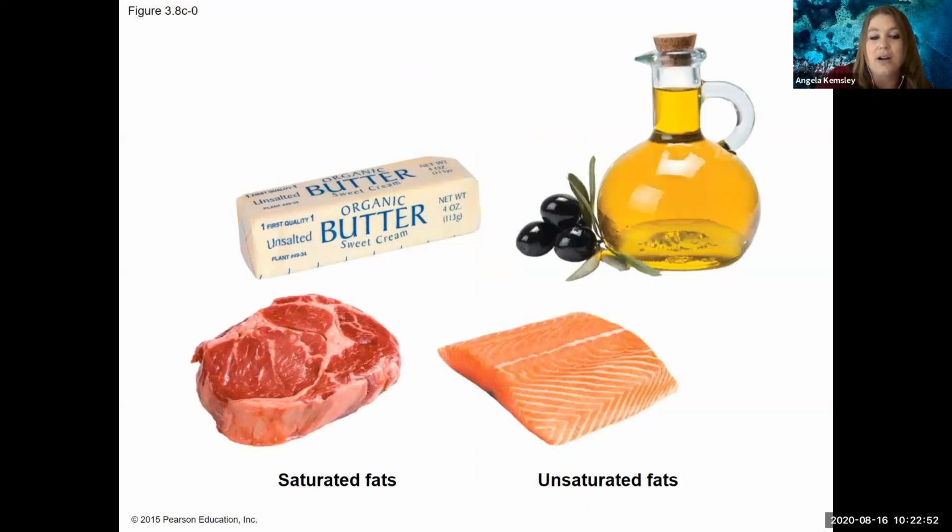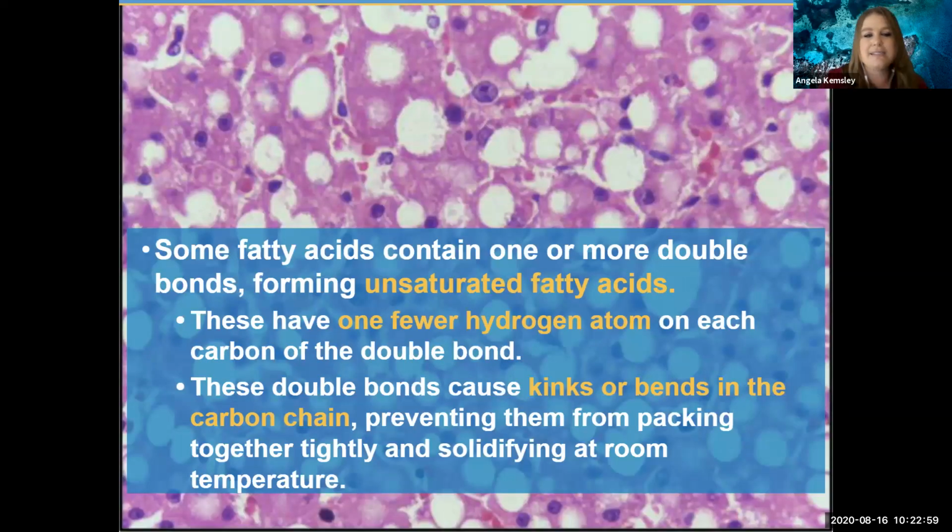This makes up our saturated fats and our unsaturated fats. Some fatty acids contain 1 or more double bonds, which is going to be the difference between saturated fats and unsaturated fats. If a fatty acid contains 1 or more double bonds, it makes an unsaturated fatty acid.